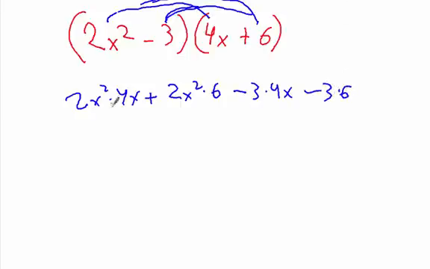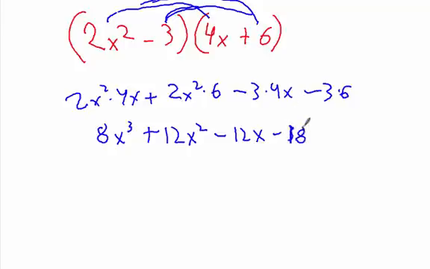Well, work out what we've got here. 2x squared times 4x is 8x cubed. Plus 2x squared times 6 is plus 2 times 6 is 12x squared. Minus 3 times 4 is 12x, and minus 3 times 6 is 18.